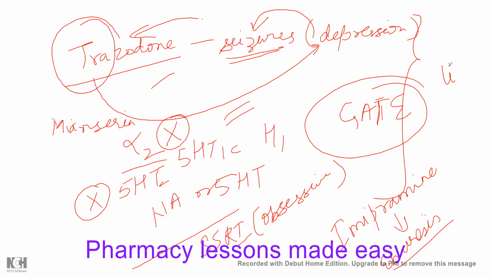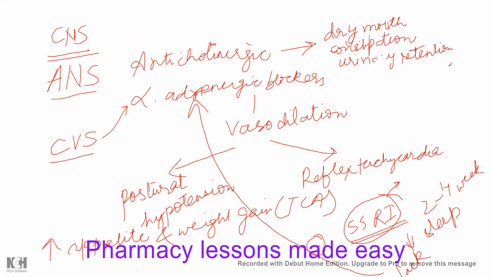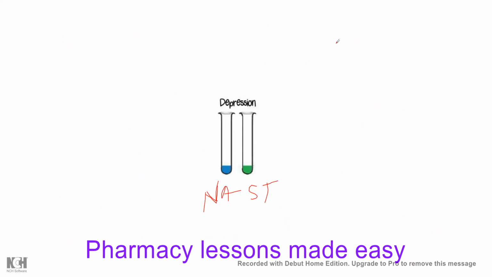Okay, and one thing I need to mention here is the monoamine oxidase inhibitors. Basically, monoamine oxidase inhibitors are either MAO A or B. That means monoamine oxidase inhibitor A or B. So monoamine oxidase A deaminates 5-hydroxytryptamine and noradrenaline, that is serotonin also.